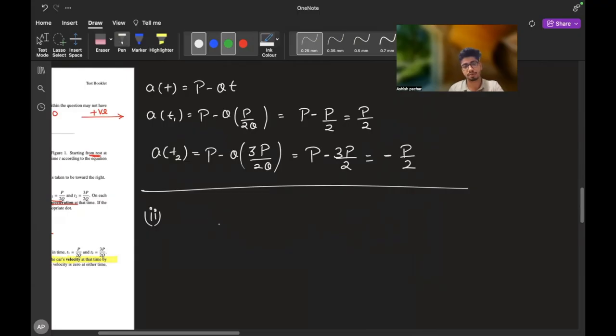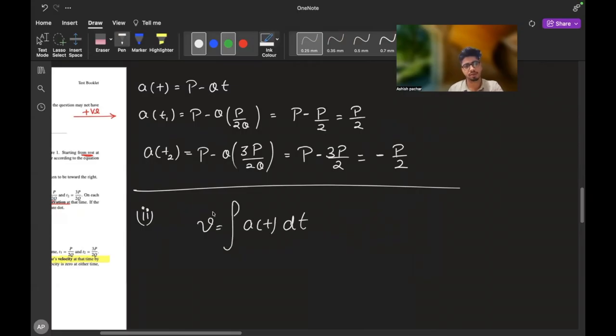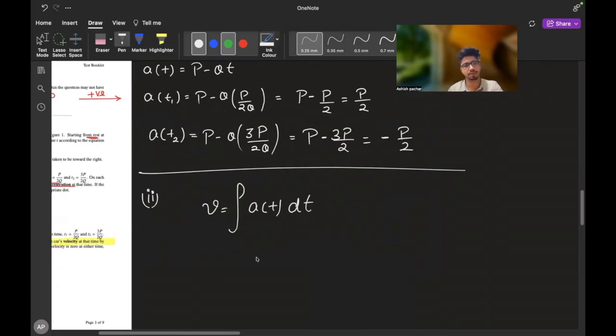You just have to integrate the acceleration function with respect to time. So let's do the integration then.